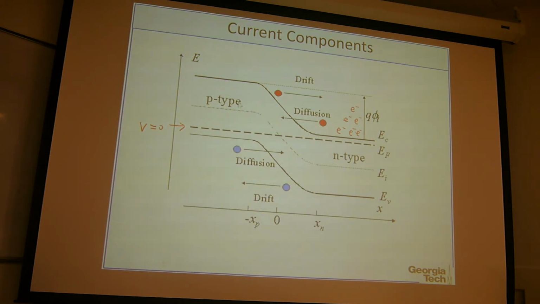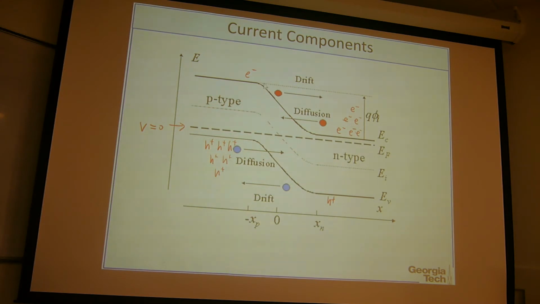In the P-type, electrons are a minority, so you have few electrons here but more holes. Similarly for the N-type, holes are a minority, so you have fewer holes. You see more electrons here, fewer electrons there, so diffusion will happen. The electrons will diffuse from the N-type to the P-type.